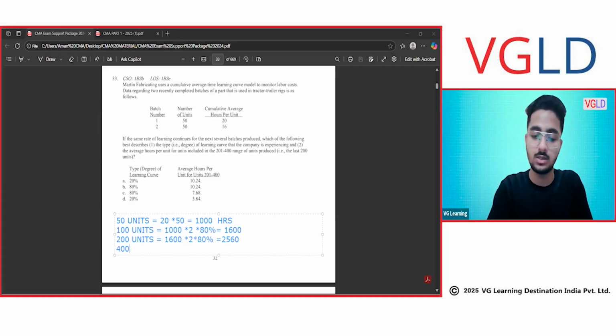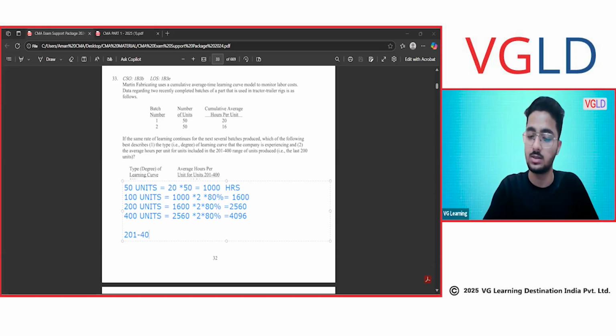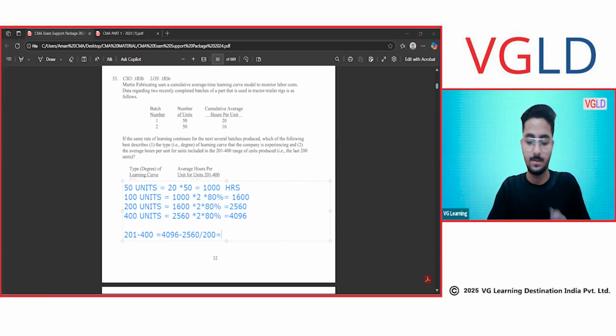Again 400 units, double it, 80%, 4096. Now they are asking me the average time for 201 to 400 units. So that is 4096 less 2560 divided by 200 units of gap. It's 7.68. Got it, everyone?